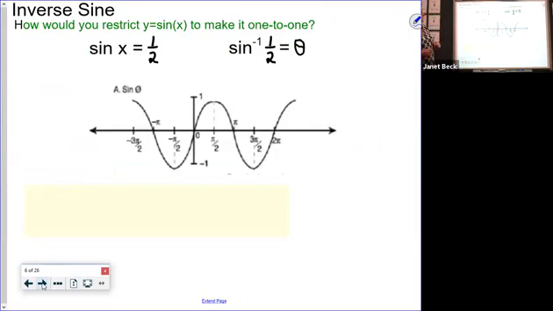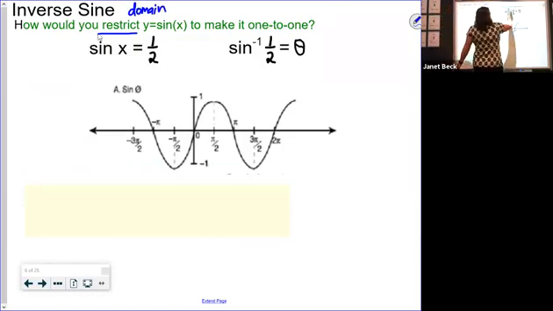So in your notes, quickly just sketch a sine wave. It doesn't have to be beautiful. This is just to pick up the understanding of what we're going to do. For the inverse sine function, we have to restrict the graph, restrict the domain, to make it one-to-one.